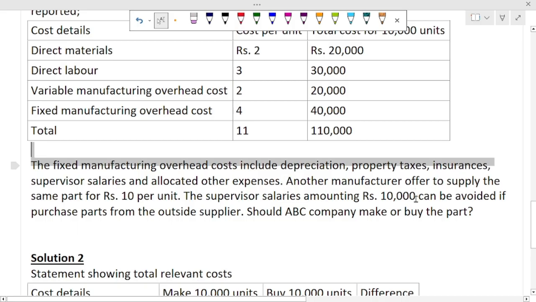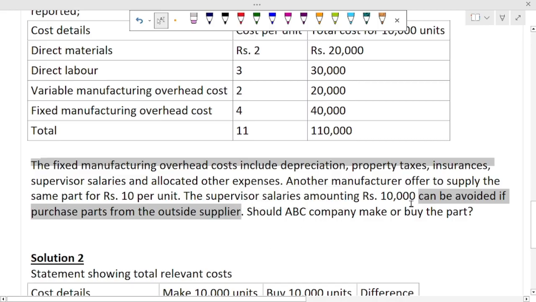Another manufacturer offers to supply the same parts for 10 rupees per unit. Okay, the same. I found a difference. The supervisor salary amounting to 10,000 rupees can be avoided. Note, can be avoided if purchase parts from outside supplier.